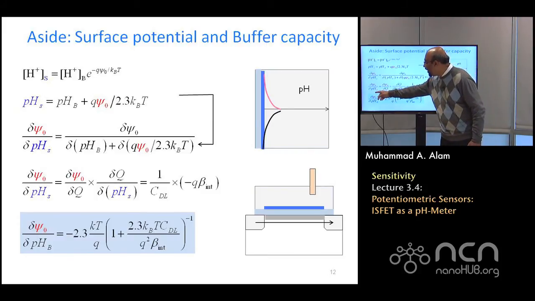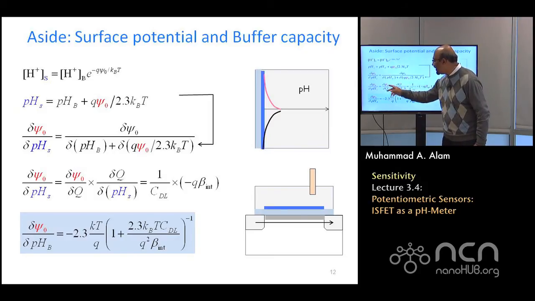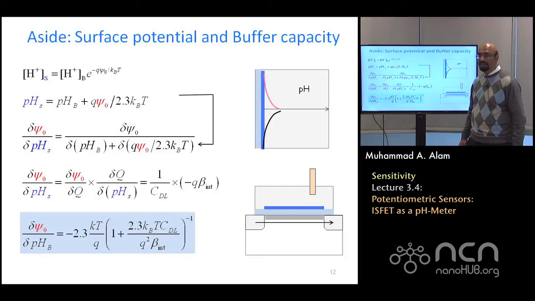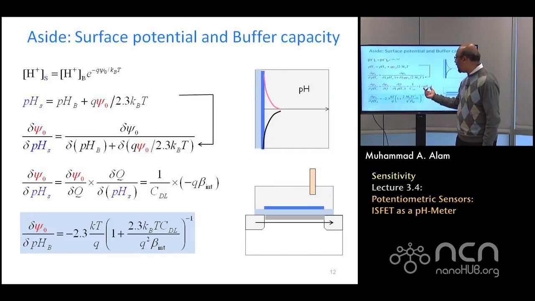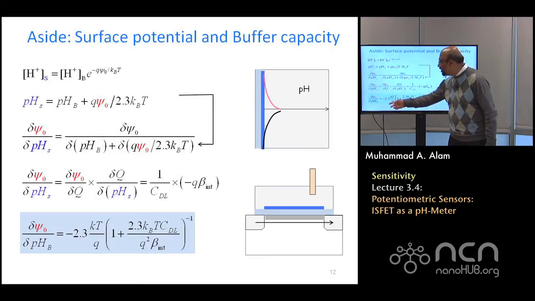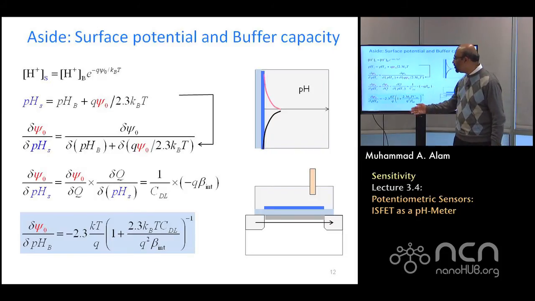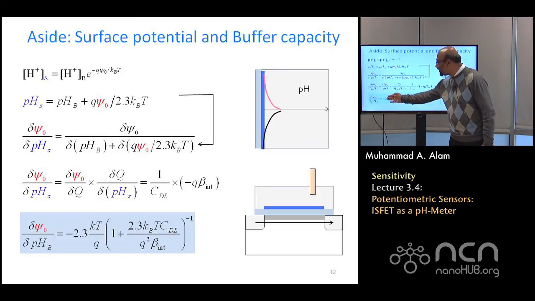And once you have this quantity, you can write it as a product of two factors, essentially dq cancelling out. But d psi naught dq is essentially the double layer capacitance that we already know, and this quantity is the buffer capacity. So you could relate the change in the potential with respect to the bulk pH concentration, no longer surface pH concentration, and you can show that this would be about 60 millivolt, 2.3 kT, divided by a factor.